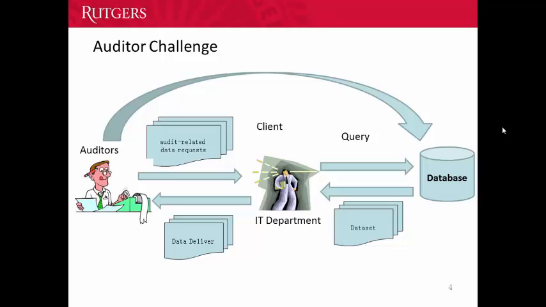When the auditor needs to access financial-related data of the client, he or she sends an audit-related data request to the IT department. The IT department will query the database based on the request of the auditor, generate the dataset, and deliver the data to the auditor.